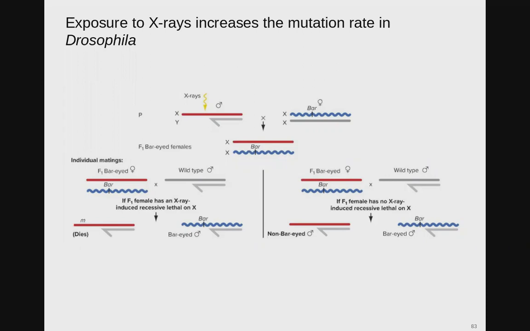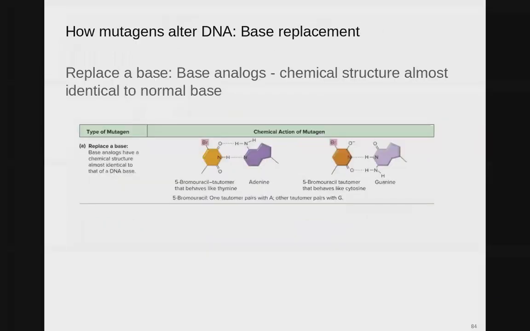I'm saying non-bar-eyed males. So using mutagens to induce changes above the background rate, in this case, creating a lethal phenotype in dosed individuals and a non-lethal trait in non-dosed individuals. That was easier to say than I did, but that's what I was hoping.